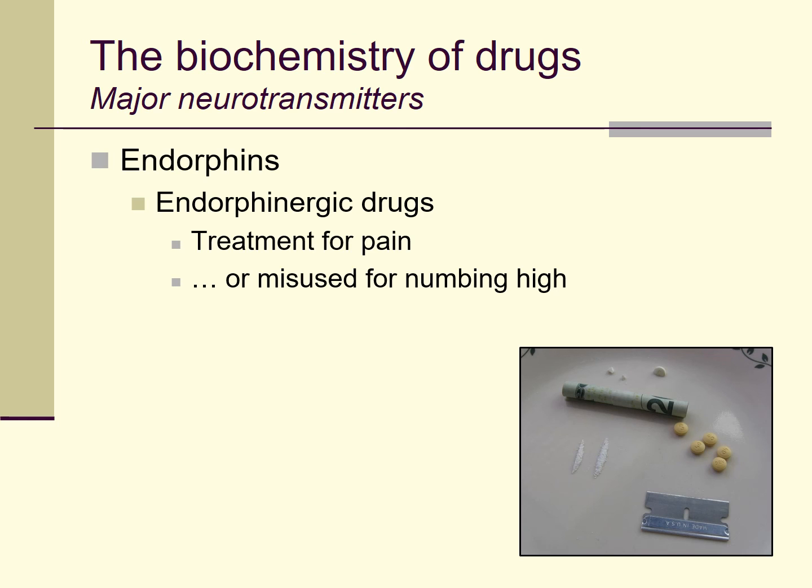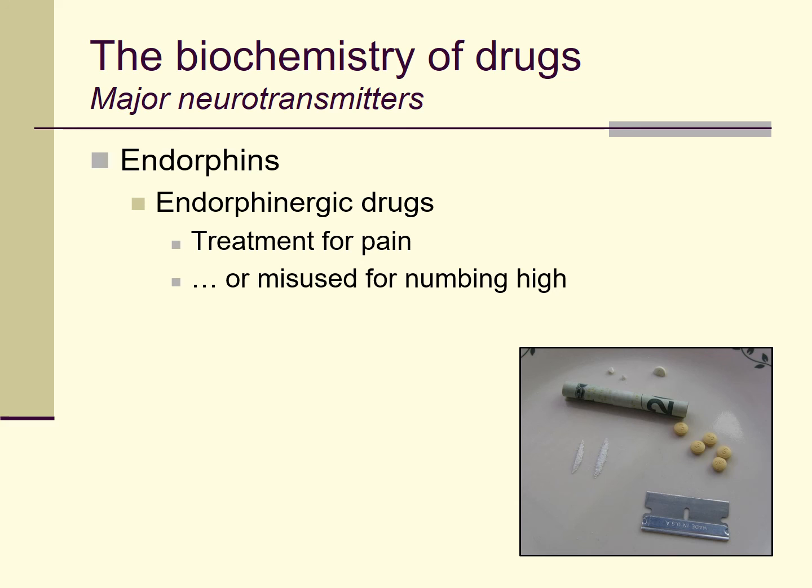So I might take my Vicodin pills, like you can see in this picture, and I might crush them up and cut them into lines and then snort them. Or I can even, if I want to, use a cigarette lighter to burn them so that some of that chemical vaporizes, and then I inhale it through a straw. I'll get a really strong hit of those endorphinergic chemicals, which will interact very quickly and very powerfully with my body's endorphin neurotransmitter systems.